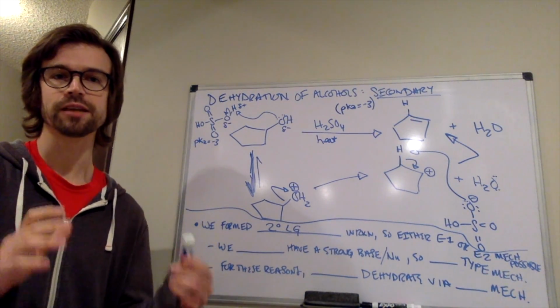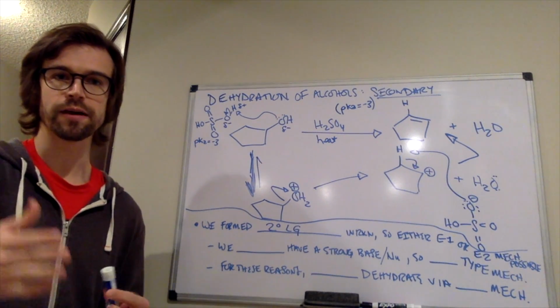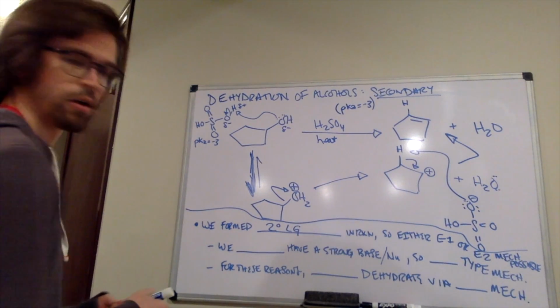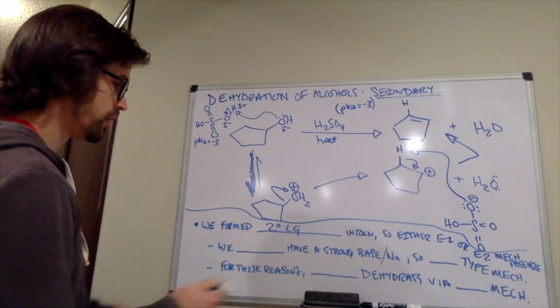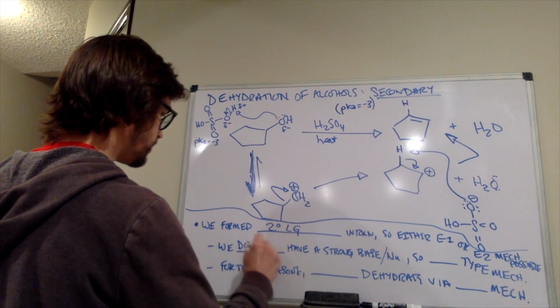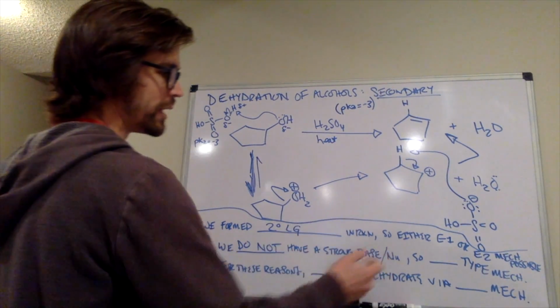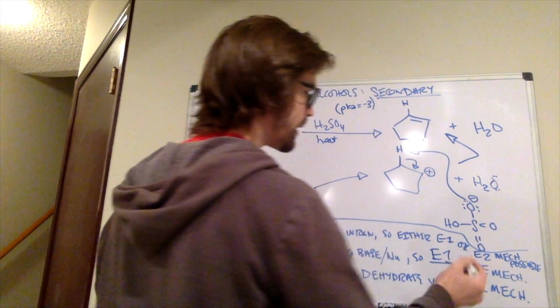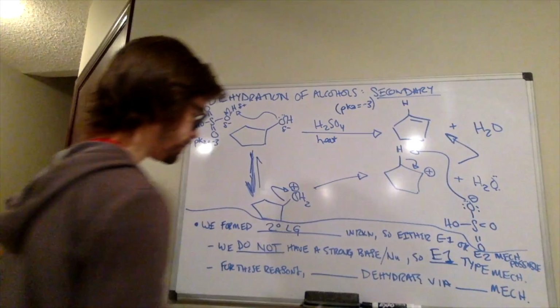It just depends on the identity of the nucleophile/base. So what kind of nucleophile/base do we have? We do not have a strong base/nucleophile. So an E1 mechanism would occur.